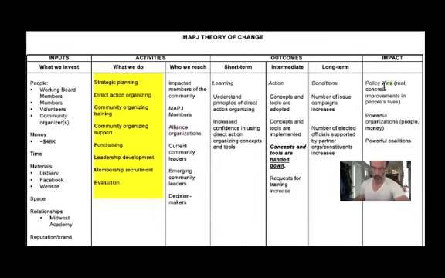Policy wins is kind of like a unit of impact. And you can tell that leaves a lot of flexibility in terms of what those policies are, because we don't know what all of those things are yet.